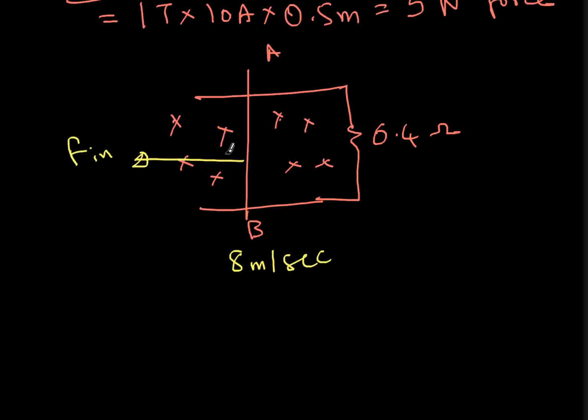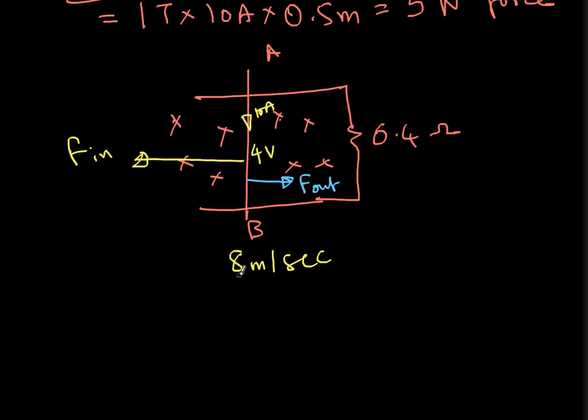As a result, 4 volts is induced in this conductor, and 10 amperes of current is flowing downwards. As a result of this 10 amperes current and the flux, another force is being generated. That force is F out.